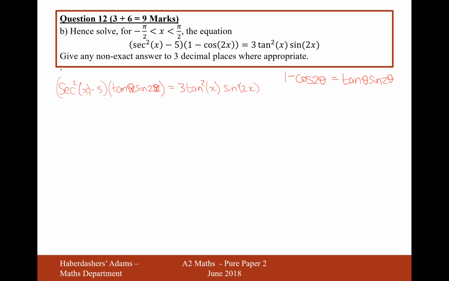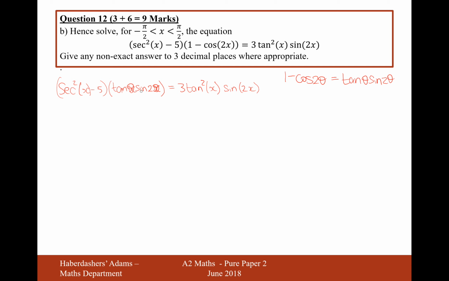Now remember that I can't cancel anything out if that cancelling out could be a zero value. I know that my value is in between minus pi by 2 and pi by 2. Can I cancel out sine 2x from both sides?